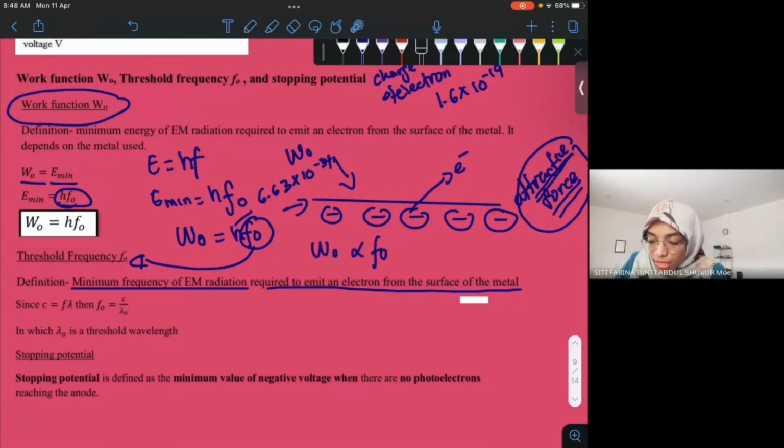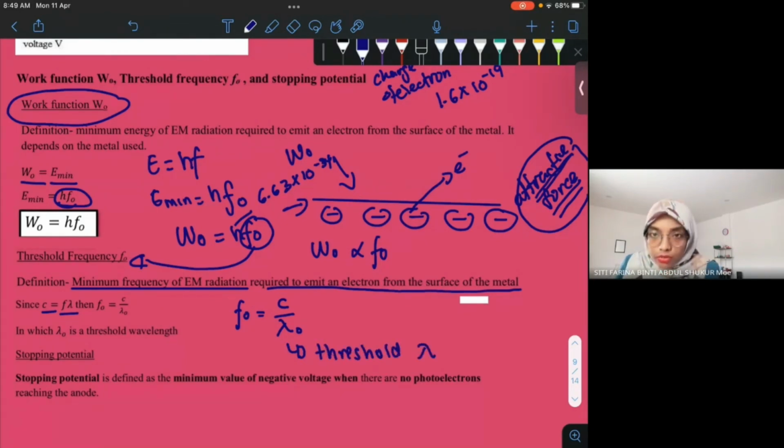When W is the minimum energy, then F naught is the minimum frequency that each of your EM radiation is going to carry, that is the minimum frequency required so that we can overcome this attractive force. Since C is equal to F lambda, therefore threshold frequency will be equal to C over lambda naught. Lambda naught here is the threshold wavelength.